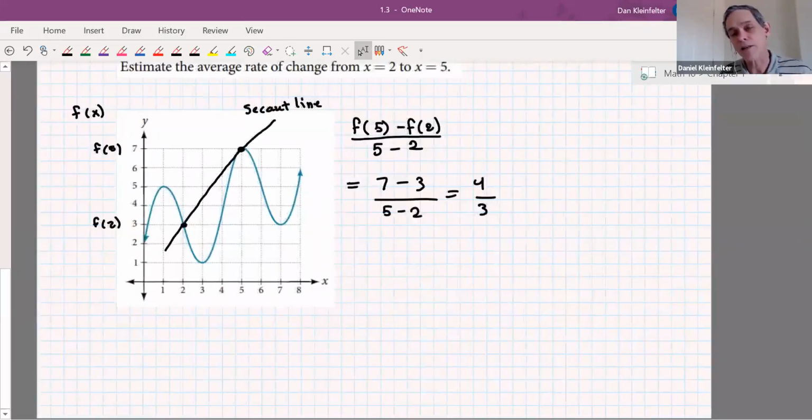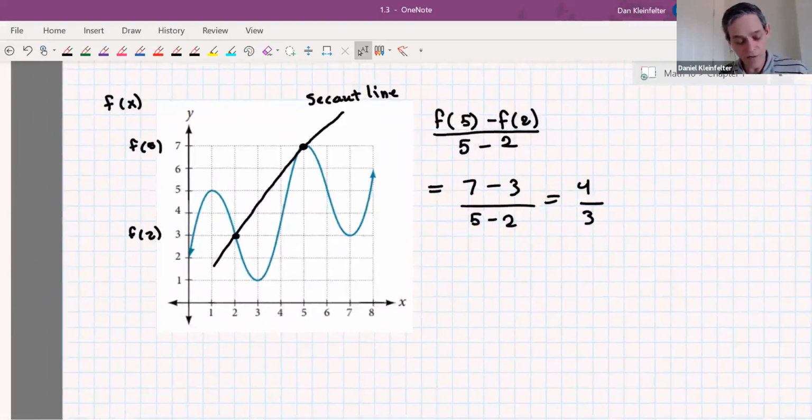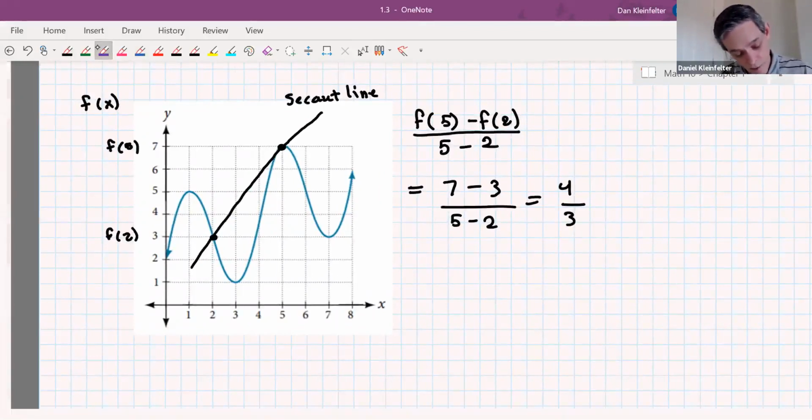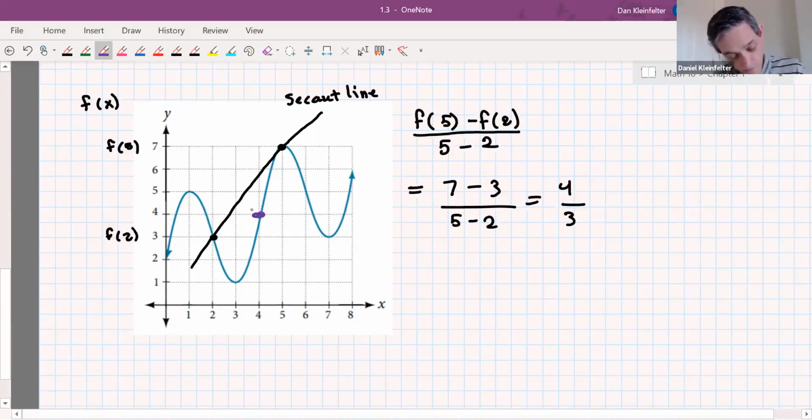Notice that for a linear function, the slope is constant. And that's kind of a defining characteristic for a linear function, that it has uniform or constant slope. Here, the average rate of change for this function between the points 2, 3 and 5, 7 would be different from the slope between 2, 3, and let's say 4, 4, right?